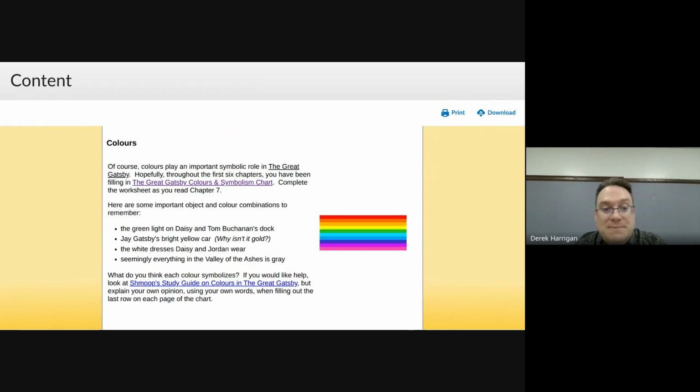And then, of course, last but not least is the colors. Hopefully you've been working on your Great Gatsby colors and symbolism chart. I'll open that up again in a minute. The goal so far has been to jot down examples of objects, of people, of the clothing, anything that you see that is described using certain colors.